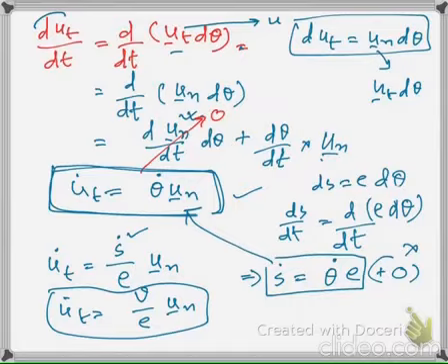So let's rewrite this on the next slide. So acceleration would be, we had this v dot ut plus v ut dot, and if we define the derivative of v as the tangential component of the acceleration, so that's that.